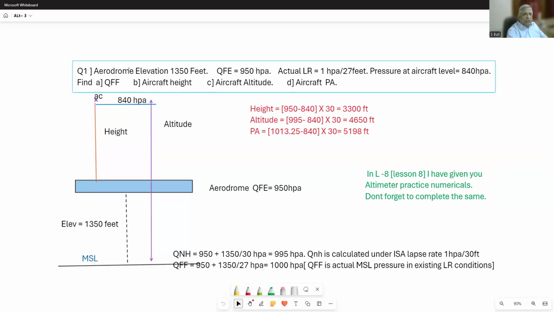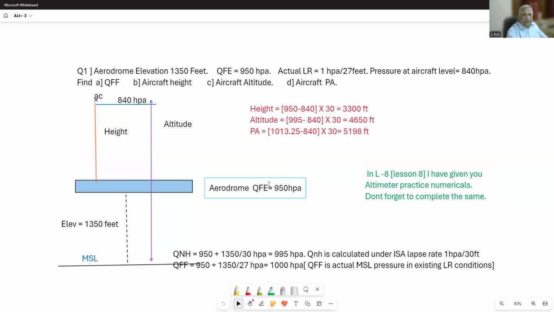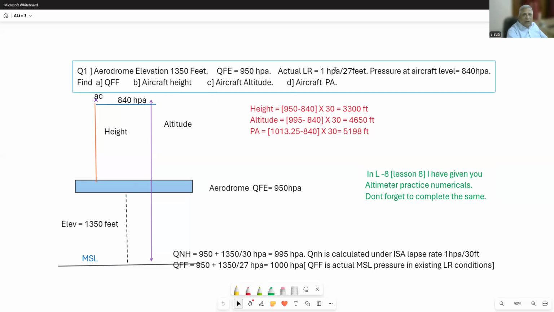In this question, he says aerodrome elevation is 1350 feet. Okay, here it is. QFE is 950. Actual lapse rate is 1 HPA every 27 feet. But the standard lapse rate, as you know, is 1 millibar for 30 feet. Pressure where the aircraft is flying is 840 HPA here at this place.